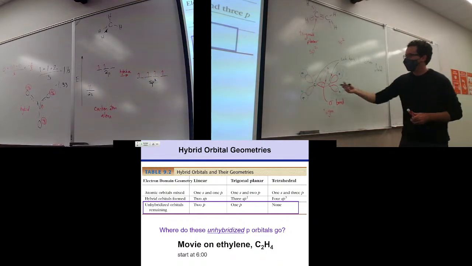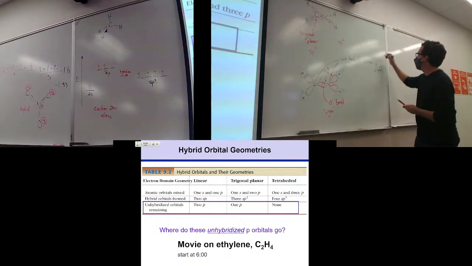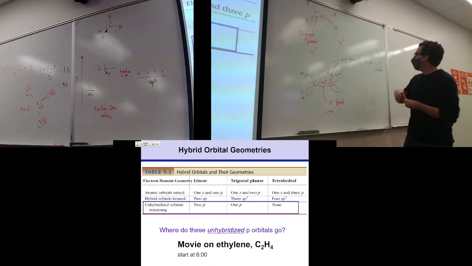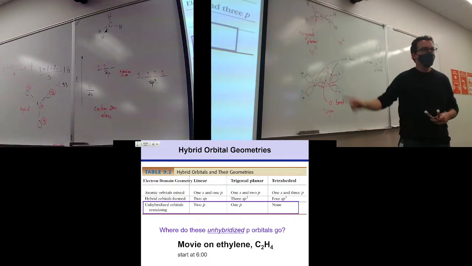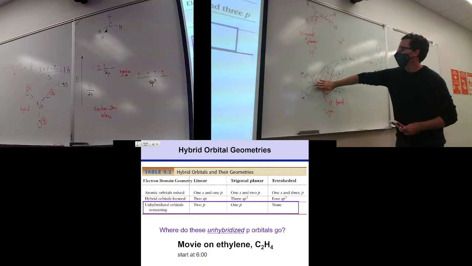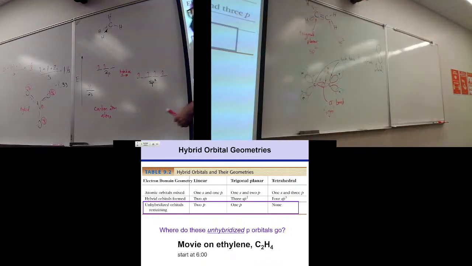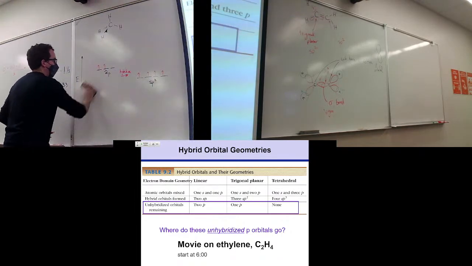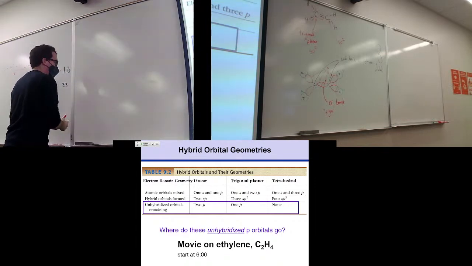That p orbital is actually pointing in and out of the board. Remember p orbitals look like this, kind of this dumbbell shape. So one of those lobes is pointing out of the board, the other lobe is kind of pointing into the board. Right? They're perpendicular to this blackboard. So if I rotate this sideways, I'm going to try to do my best to draw it with a little bit of perspective.